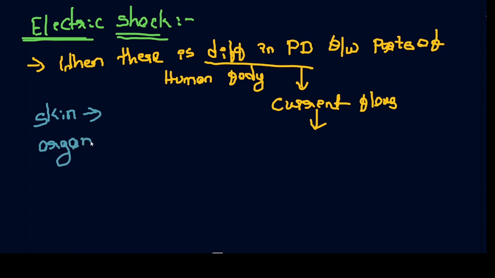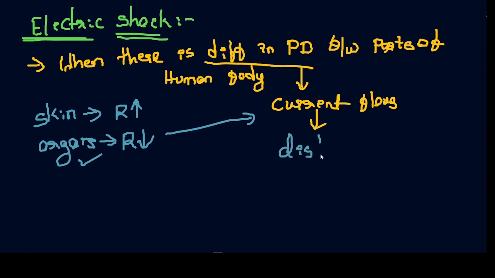Between these two, current always chooses to pass through organs, because skin offers more resistance, but organs offer less resistance than skin. So whenever current passes through our body parts, human organs, it creates some disturbance. This disturbance is known as electric shock.